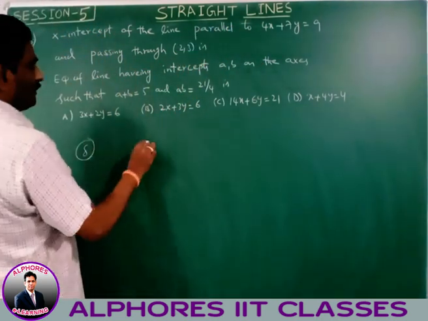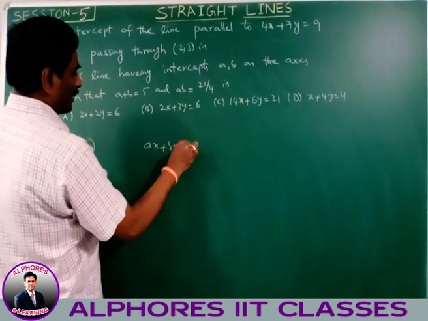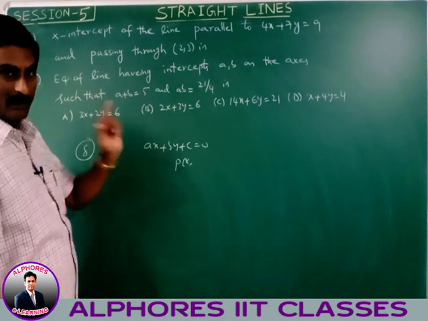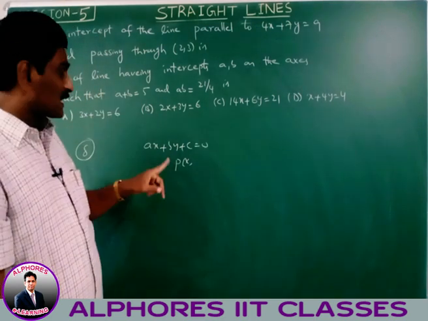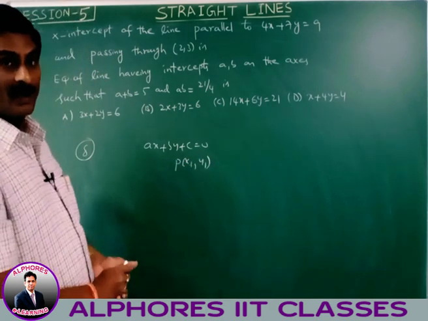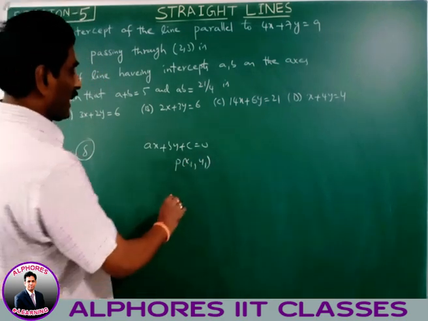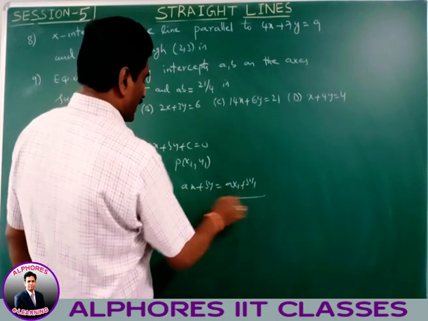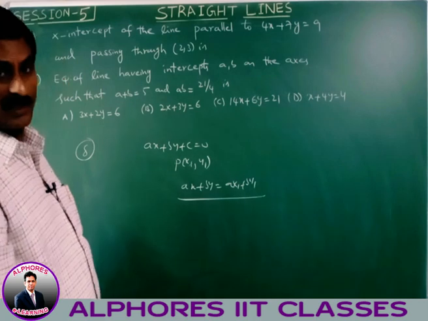Suppose the line is in the form of ax plus by plus c is equal to 0, and the required line is parallel to this and passing through the point P(x1, y1). What is the equation of the line? Direct formula: ax plus by is equal to ax1 plus by1. It is the direct formula to find the equation of the line.